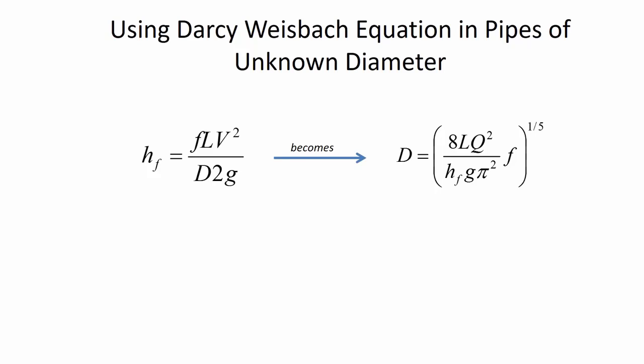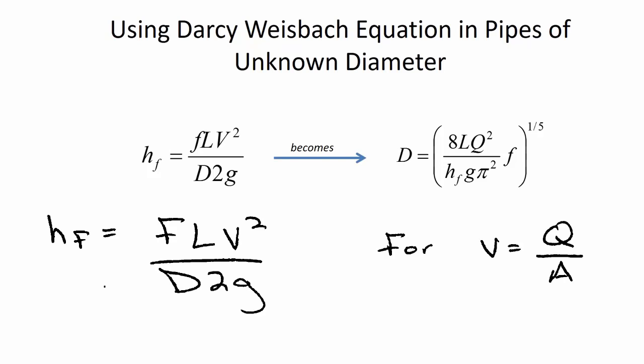Well, let's just say that we have the Darcy-Weisbach equation for h sub f. That's f L V squared divided by D 2g. Now we already know that V is Q divided by A. For that situation then we can substitute for V squared.